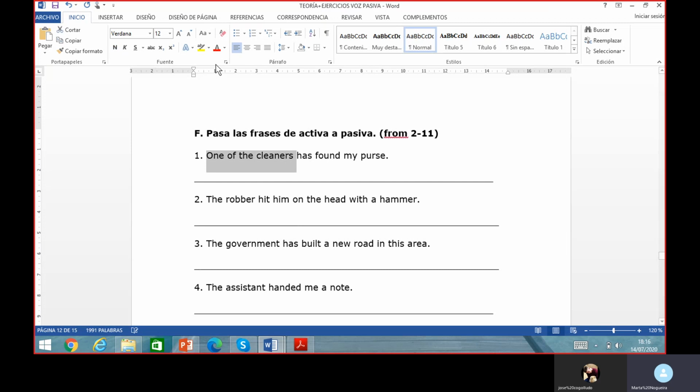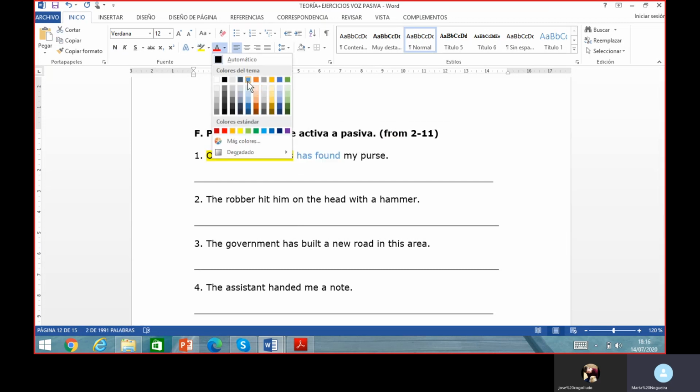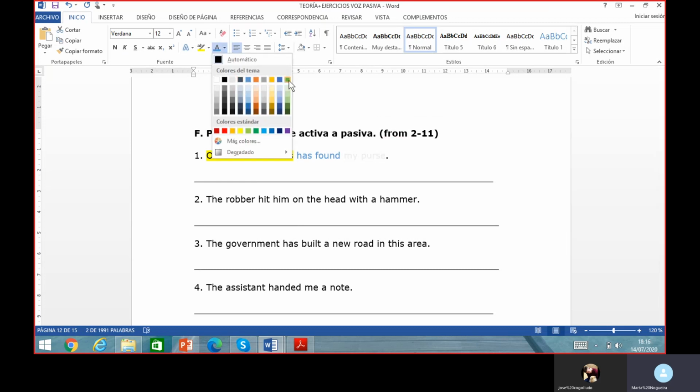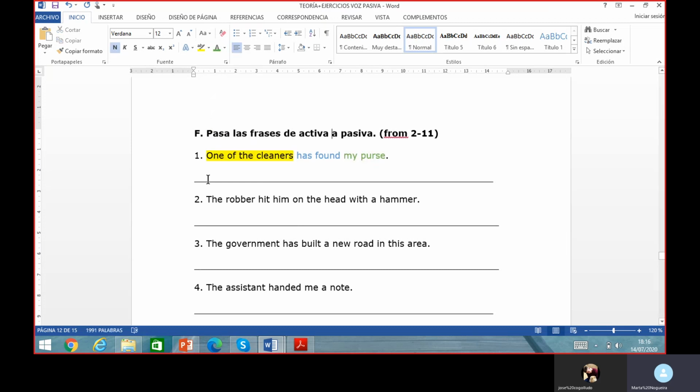So one of the cleaners is my subject, has found is my verb tense, and my purse is the object. So what do I have to do? I have to put the object at the beginning of the sentence. You have all this information in this document, Teoría Voz Pasiva, okay?